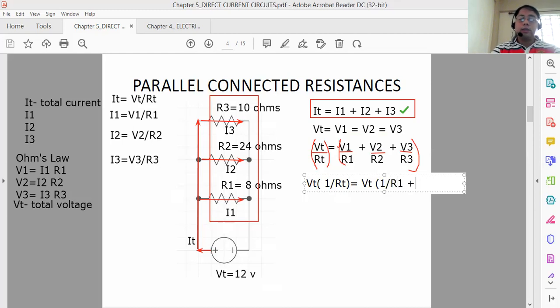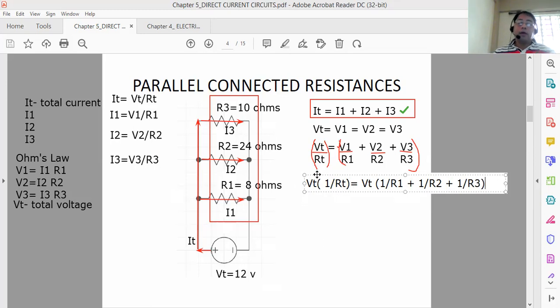Then the next expression, V2 over R2: since we move out V2 and call it VT, what remains in the numerator will be 1 over R2. Then next is V3, and what remains for its numerator is a value of 1 as well. So we were able to factor out the value.